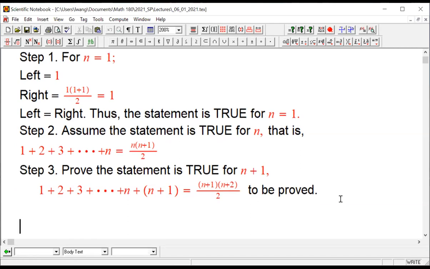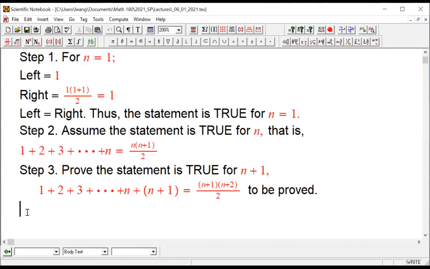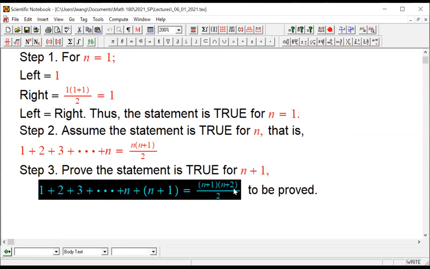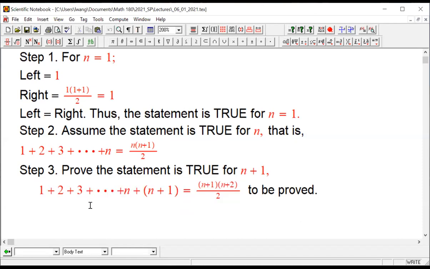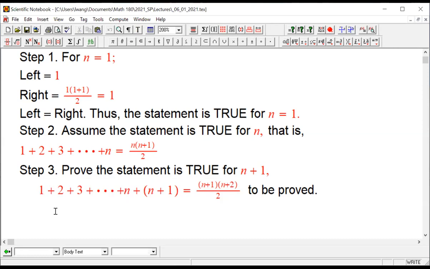Under what we have proved in step 1 and assumed in step 2, we are going to demonstrate this statement is also true. So that is to be proved. I wish that to be clear to you. We don't know if this is true. At least we pretend this is not true yet.